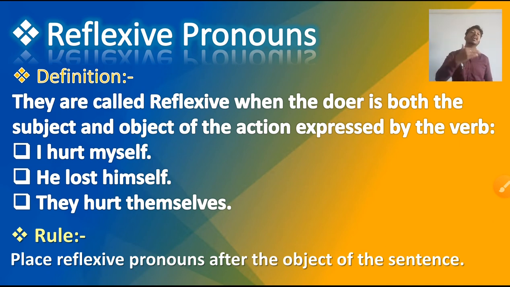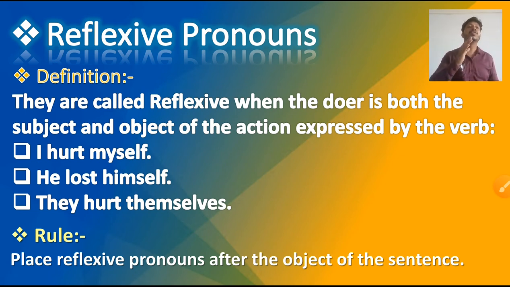Such as, I hurt myself. Here I is the subject and myself is the object. Whom did I hurt? So what is the rule, students? How will you be able to know the object? Just ask a question to the verb: who, whom, and what?